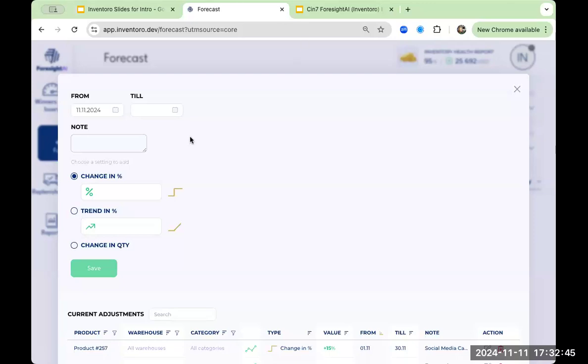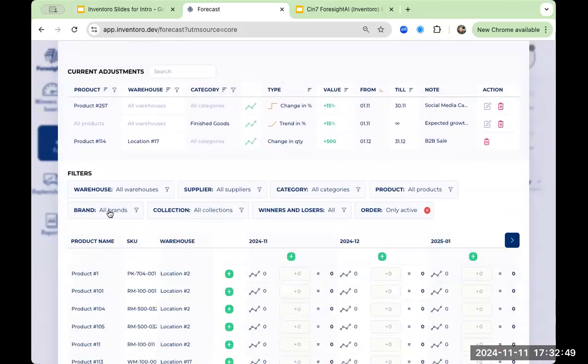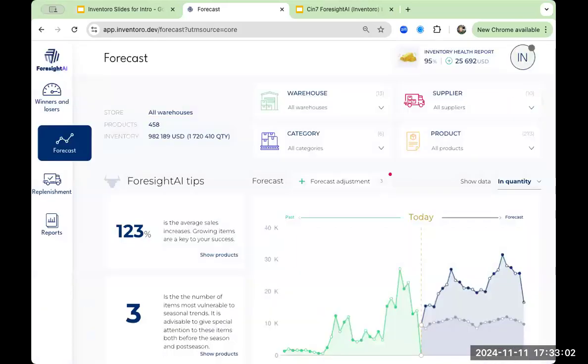However, if it's just going to be for a certain item, I would say do a change in quantity. And then you could run it maybe on a certain brand or a certain product or a certain collection. So fairly easy to do. And it would look like this if you wanted to do a change in percentage. And this is what a change in quantity looks like.